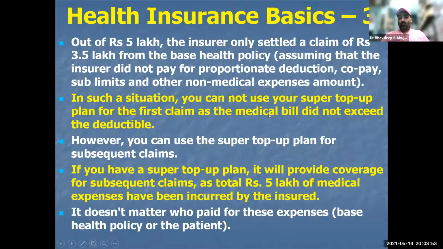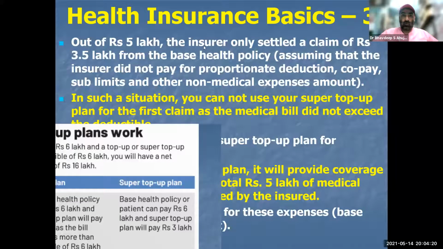Again, the super top-up cannot be used because your total bill did not exceed the deductible. The deductible was 5 lakhs. But you can use the super top-up for your frequent claims. For the next claim of 4 lakhs, because your limit is breached now, you have 3.5 plus 4, 7 lakhs, so you will be covered under the super top-up plan.